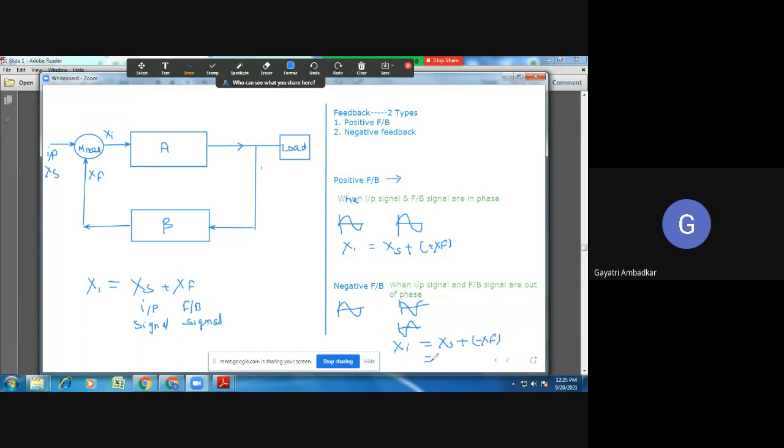So this will be Xs minus Xf. Understood? If it is positive feedback, then these are additive, and if it is negative feedback, then it is subtractive because phase reversal is happening.